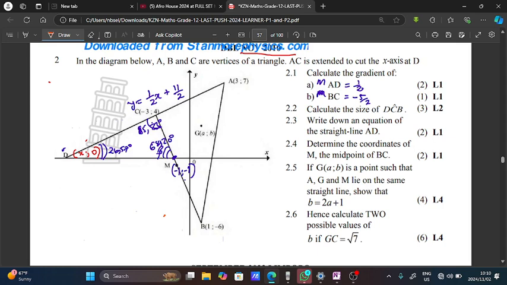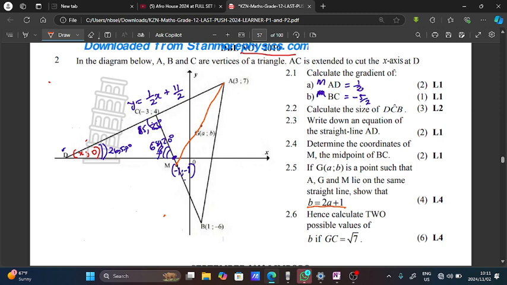From A to G, A, G. From there we go to M, to here. They lie on the same line. Can you see that? Show that B is 2A plus 1.